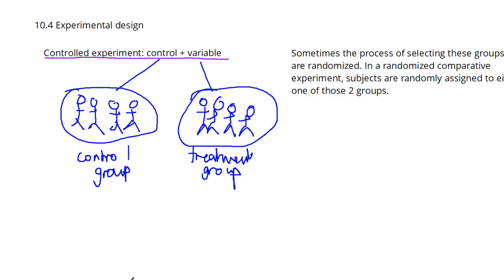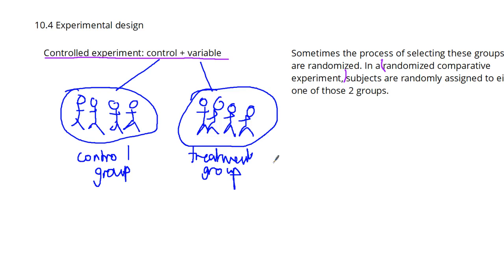We're talking statistics, so it's mostly with people, right? Sometimes the process of selecting the groups is randomized, and this is a vocabulary term: in a randomized comparative experiment, the subjects are randomly assigned to the control group or the treatment group.